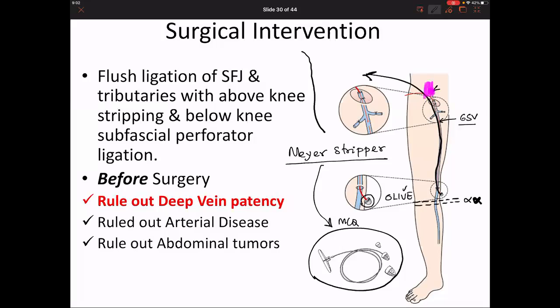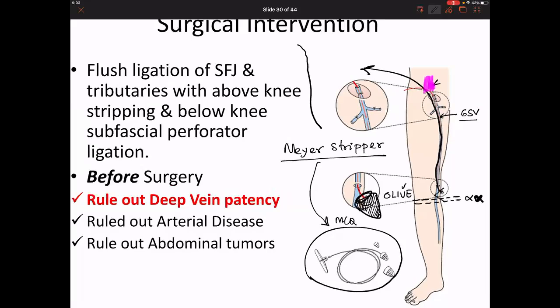Now, as you can imagine, this olive is much bigger than the vein. When the olive comes out through the tissue, what do you think is the fate of the vein?